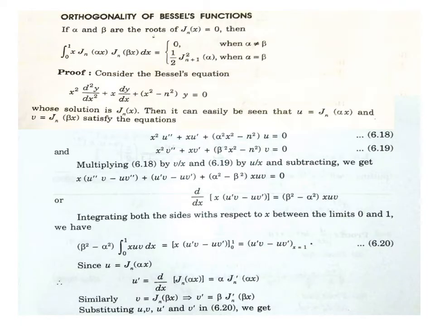Now we talk about another important theoretical feature of Bessel's function known as orthogonality, or the orthogonal property of Bessel's function. Like we already learned about the orthogonal property of Legendre's function in one of my previous lectures.